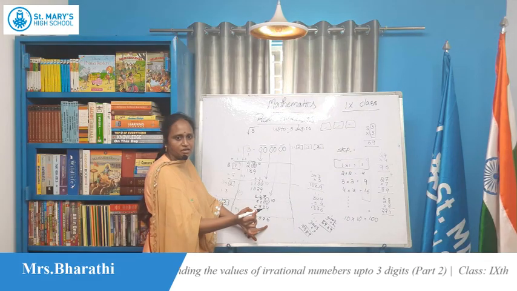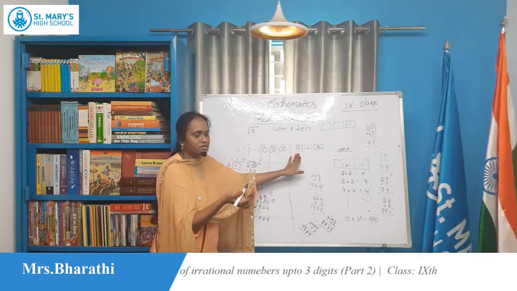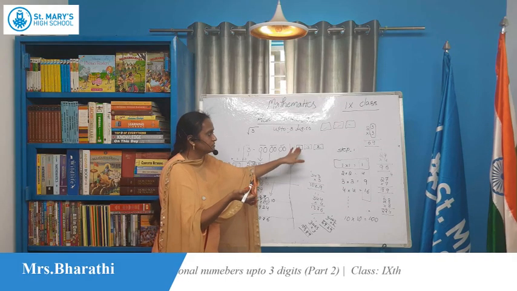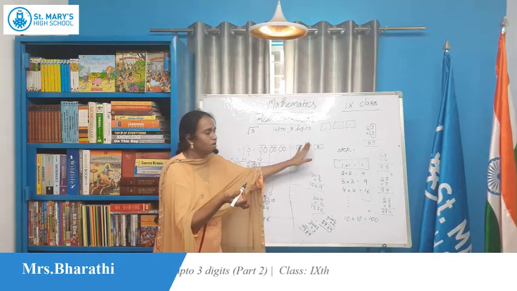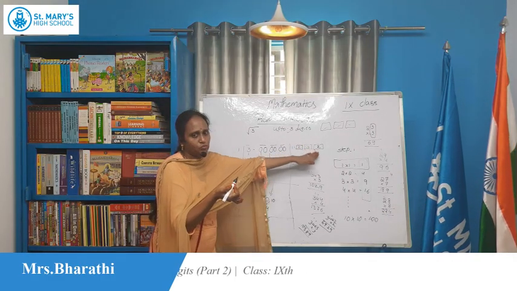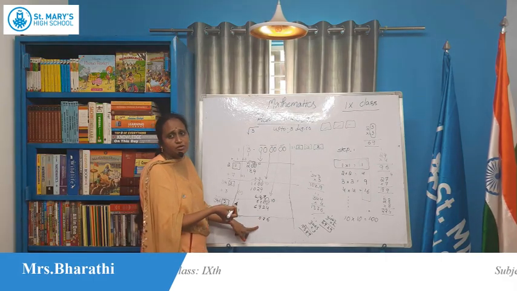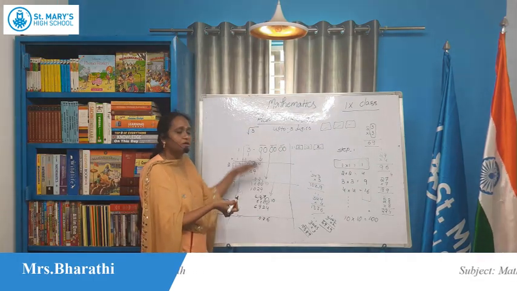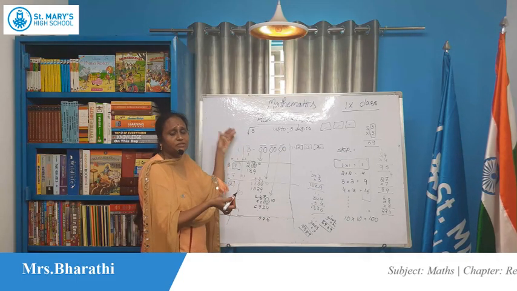Now how many digits did they ask for here? 3 digits. So that's why 1.732, 3 digits are over now. So when the 3 digits are over, observe that the remainder is not 0. That means here we are getting irrational numbers, so non-terminating decimals.